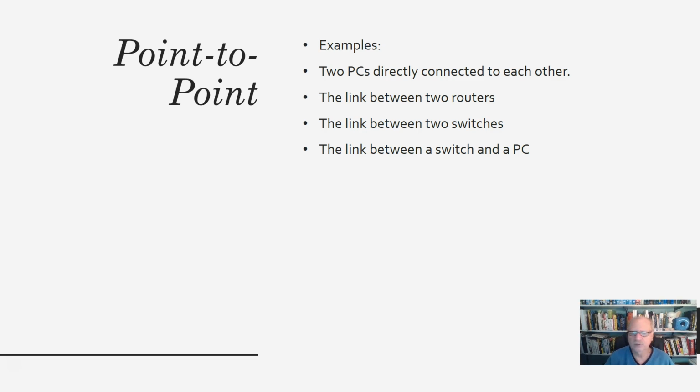Or, get this one, the link between a switch and a PC. Now we said that a switch is a central device that creates that star topology, and wouldn't it make sense that other devices can see that traffic? Well, yes, but a switch, remember, isolates that traffic between it and that PC. So we would call that usually a point-to-point.